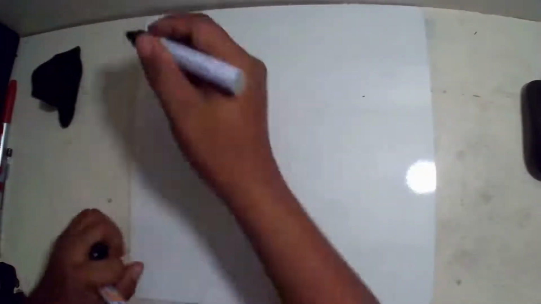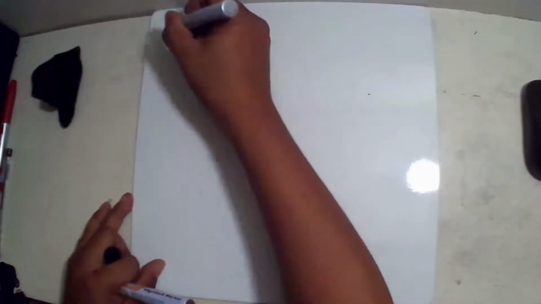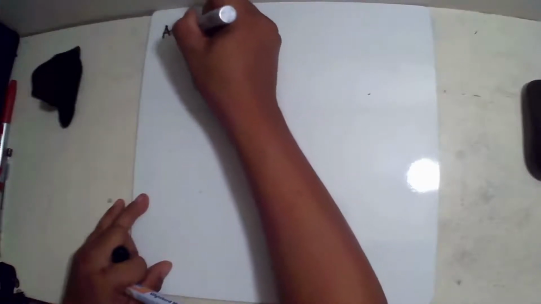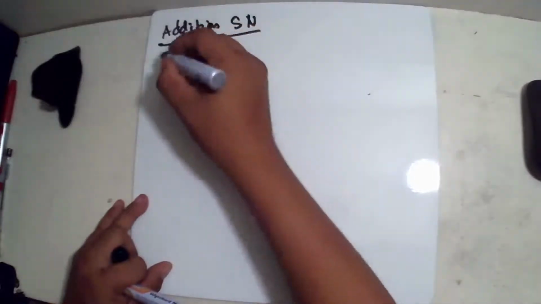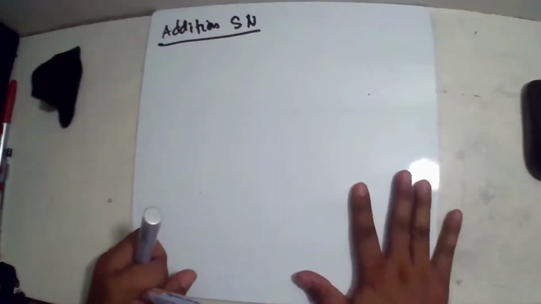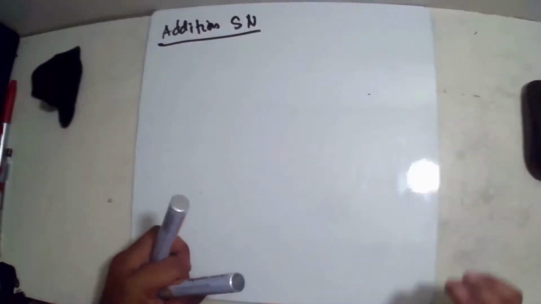So for example, let's try addition of scientific notation. You can pause this video right after my explanation so that you can copy, because you cannot find this in our module.